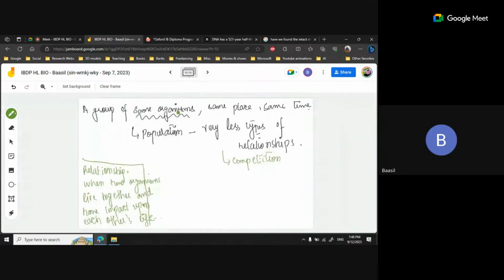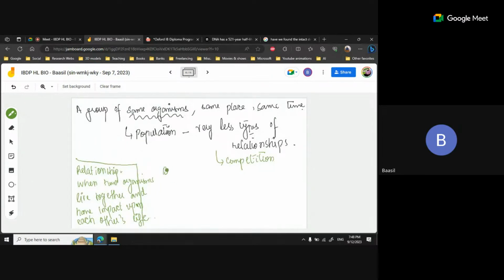Biotic is all the living components of an ecosystem. Like, let's say, if I am studying a community, then all the living organisms would be considered as biotic factors of that particular ecosystem, and they would influence each other's life.